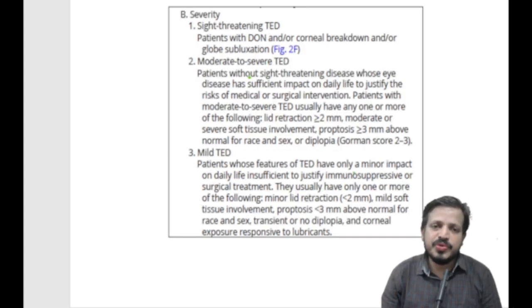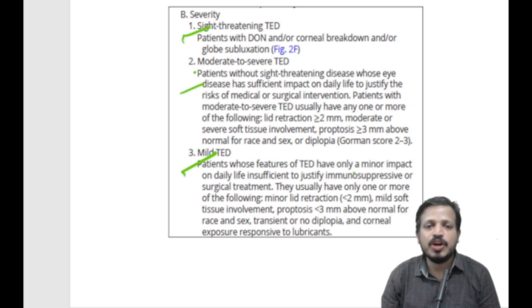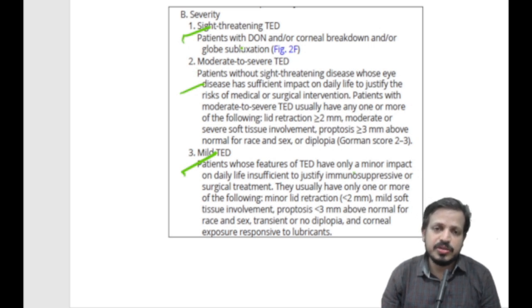Then coming to the severity score, in thyroid eye disease we categorize it into 3 types. One is mild thyroid eye disease, second is moderate to severe thyroid eye disease, and third is sight threatening thyroid eye disease.